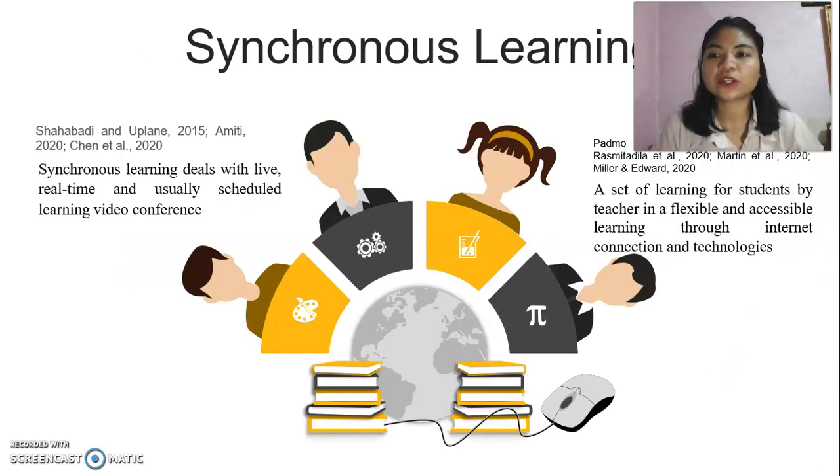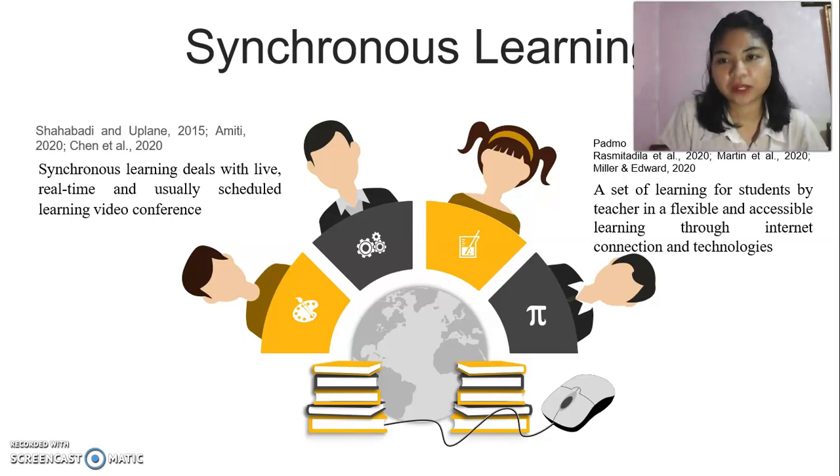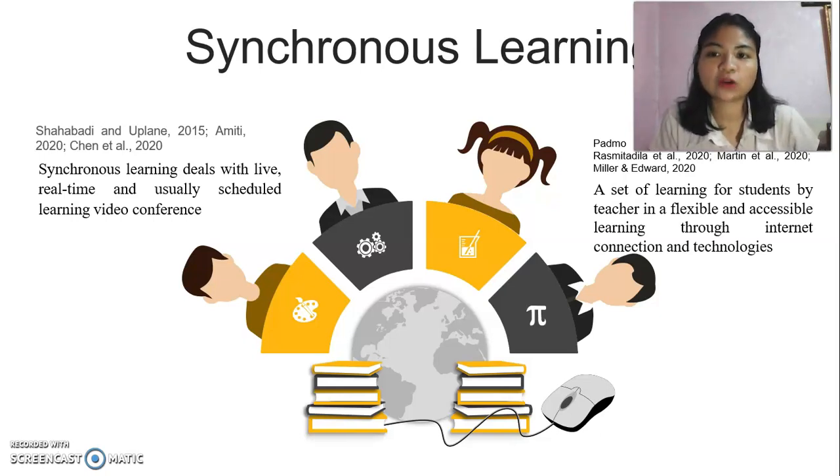Synchronous learning, according to Shahabadi and Uplin 2015, Amity 2020, and Chen et al. 2020, is dealing with live, real-time and usually scheduled learning through video conference.